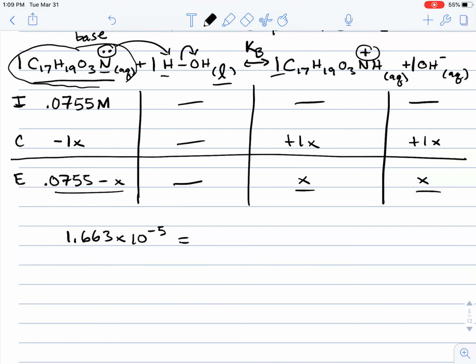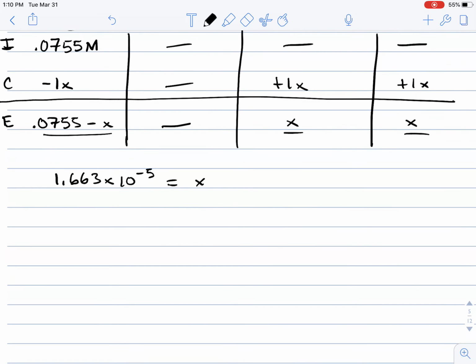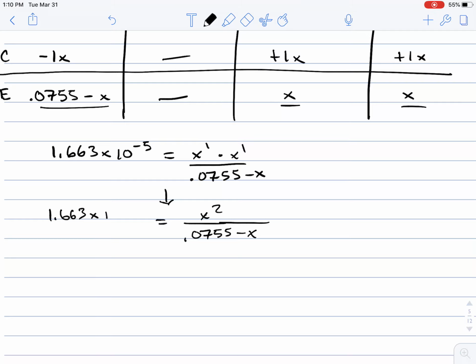Since my coefficients are 1, 1, 1, and 1, I'm just going to raise everything to the first power: x to the first times x to the first over 0.0755 minus x. If I reduce my mass action expression, this is x squared over 0.0755 minus x, equal to 1.663 times 10 to the negative 5.